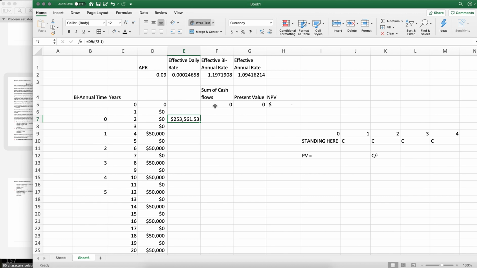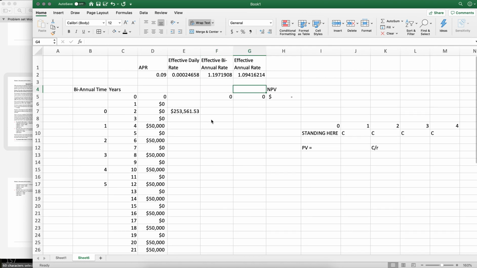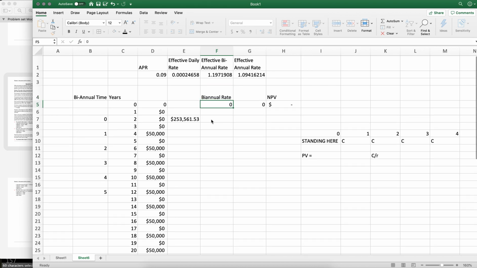And then we just need to get it back to time 0. There's a bunch of different ways to do this as well. We can do it using the biannual rate. So if we do that, then the present value of this is going to be that divided by the biannual rate.